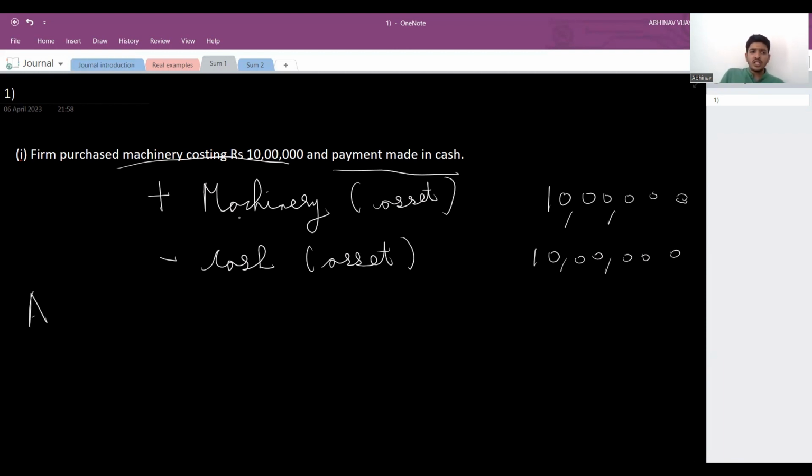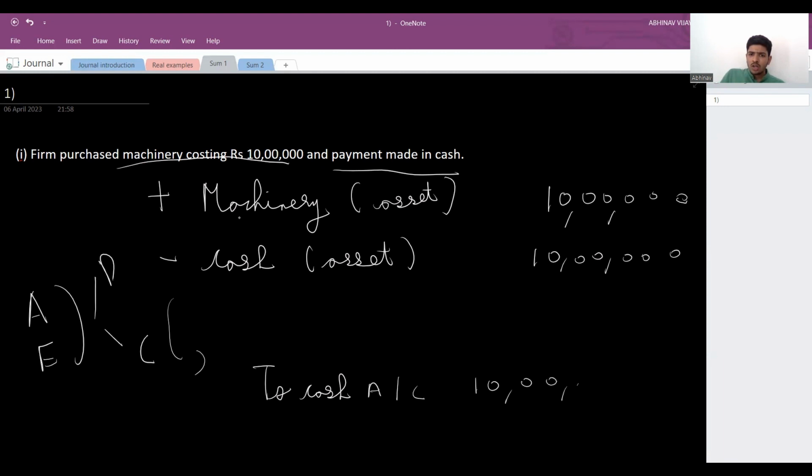Now, super secret technique time. Let's start with cash. Cash, which is an asset, gets reduced, so it will be credited. Cash account, 10 lakhs on the credit side. Now machinery, which is an asset, gets debited.